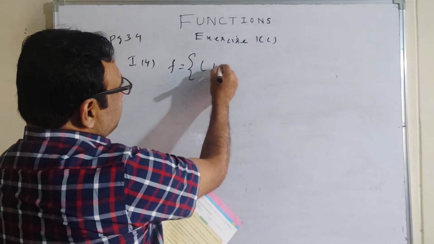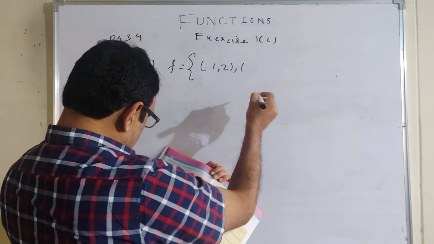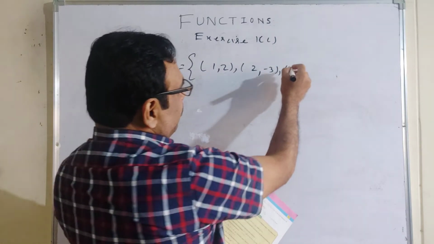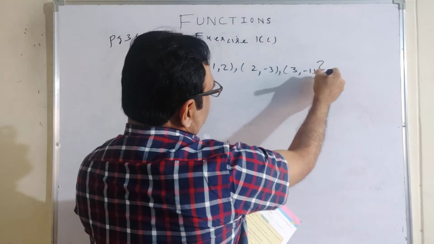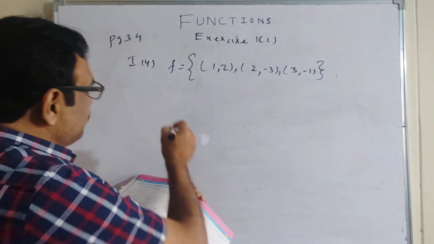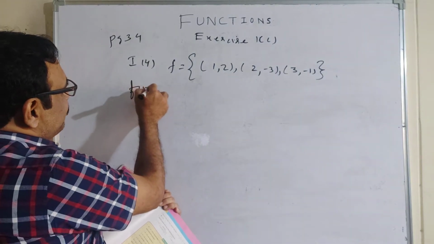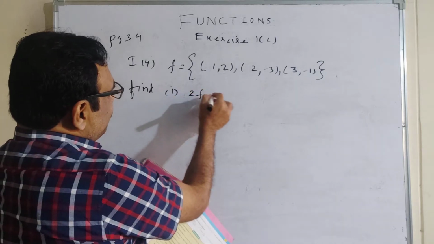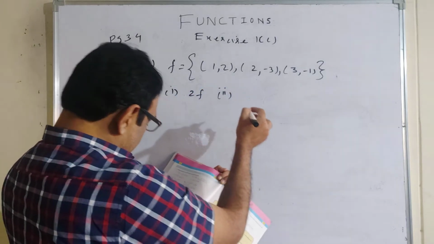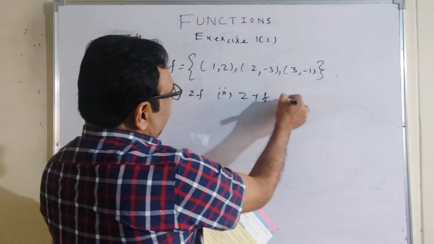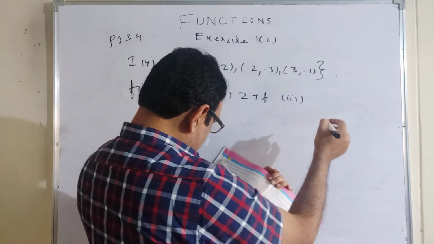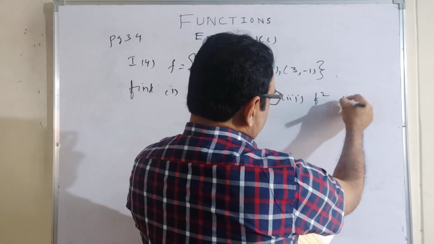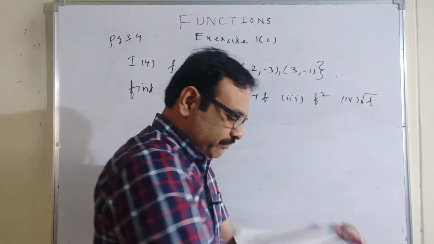In the set these are the elements: 1 comma 2, 2 comma minus 3, and 3 comma minus 1. And what is he asking us to find? He is asking us to find the values of the first bit, 2f, the second bit, 2 plus f, the third bit, f square, and the fourth bit, root of f.